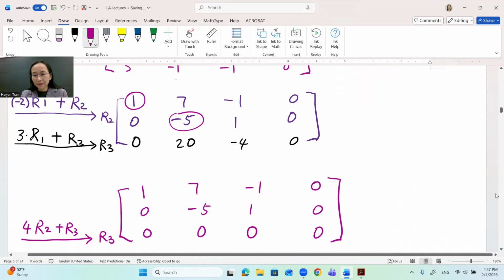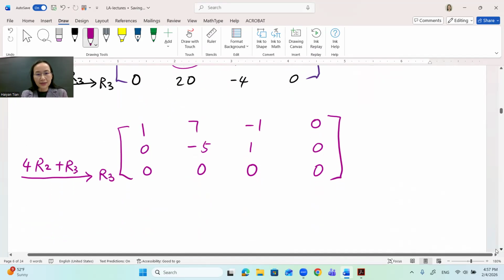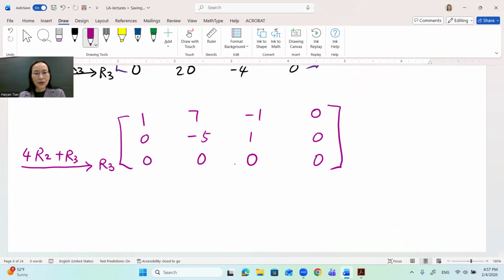So that's the reduced matrix. But now we still want to reduce by doing a scaling, because for the second row, if we do a scaling, that means row 2 times, or divide by, -5, right? So you can multiply by -1/5.